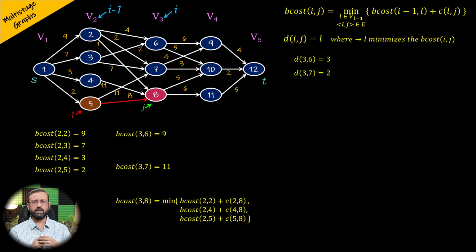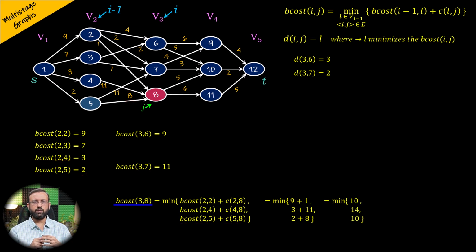5 and vertex 8. So, the B cost of stage 3 and vertex 8 is equal to the minimum of B cost of 2, 2, which is 9, plus the cost of the edge 2, 8, which is 1, and the B cost of 2, 4, which is 3, plus the cost of the edge 4, 8, which is 11, and the B cost of 2, 5, which is 2, plus the cost of the edge 5, 8, which is 8.